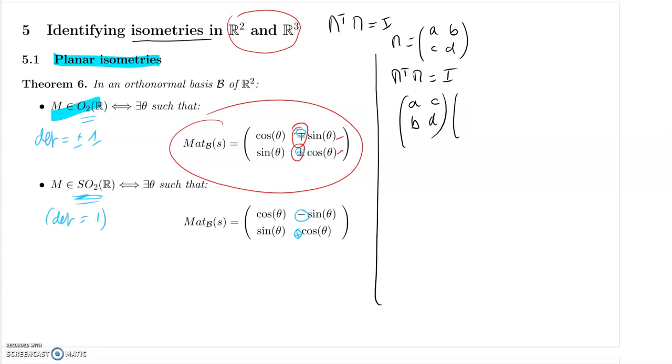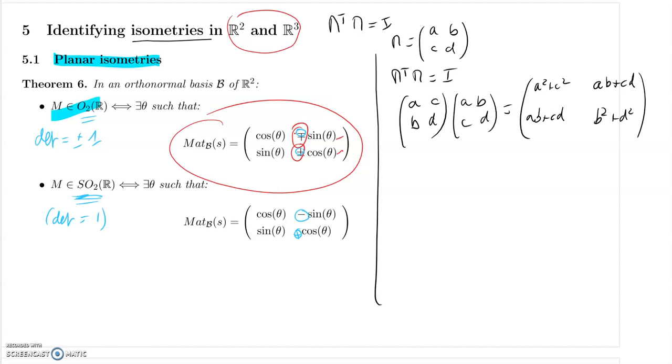So that was M transpose times M, with A, B, C, and D. If I write this matrix multiplication, I get A squared plus C squared, AB plus CD, BA plus DC, so again AB plus CD, and B squared plus D squared.